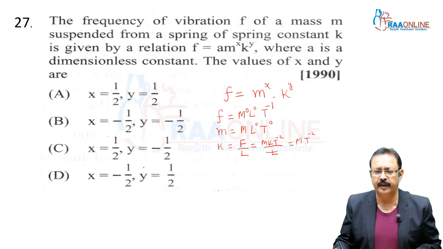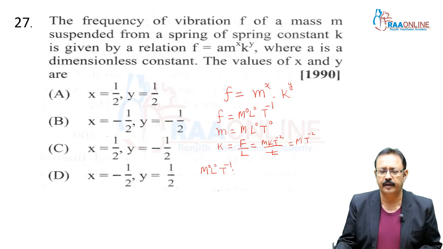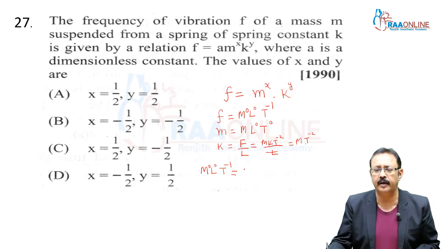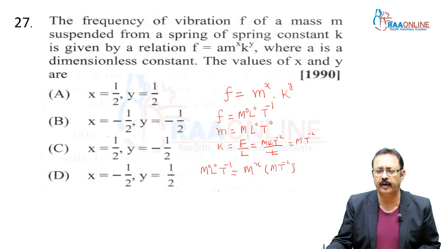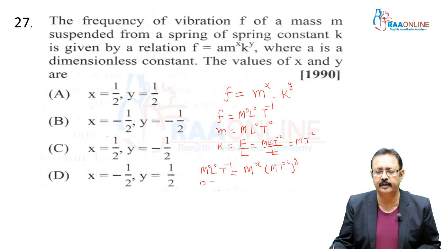So now we are putting in this, the left hand side is M0 L0 T minus 1. What is the right hand side? M raised to the power x. What is k? MT minus 2 raised to the power y. If in the left hand side no M is there, in the right hand side M should not be there.